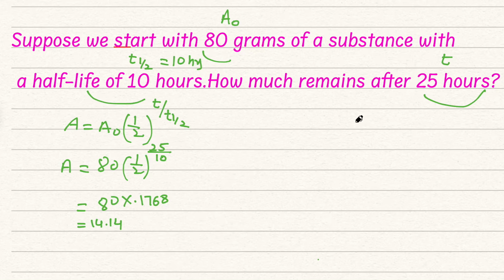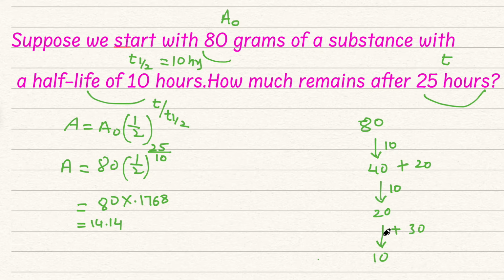In case of discrete decay we can make some guesses, but if it is continuous we should not, because everything is happening every fraction of a second. Now if I guess, let's see what happens. 80 grams initial, after 10 hours it will be 40 grams, after another 10 hours it will be 20 grams, and after another 10 hours it will be 10 grams. So at 20 hours it is 20, and at 30 hours it is 10, meaning you have to calculate in between.